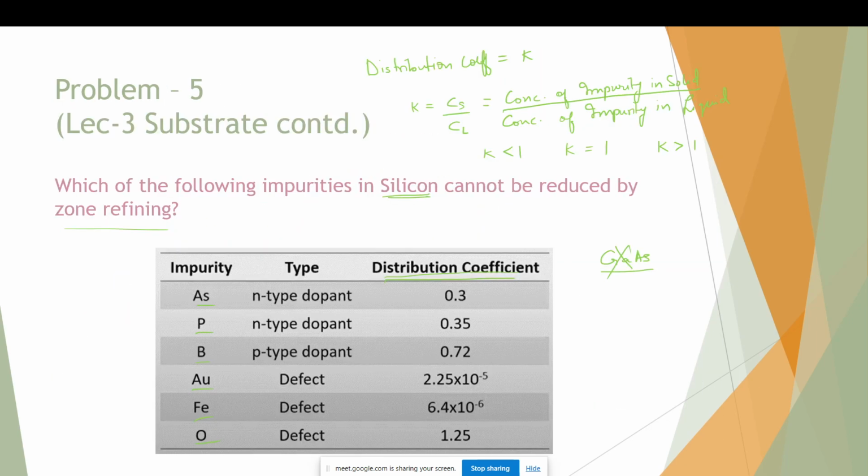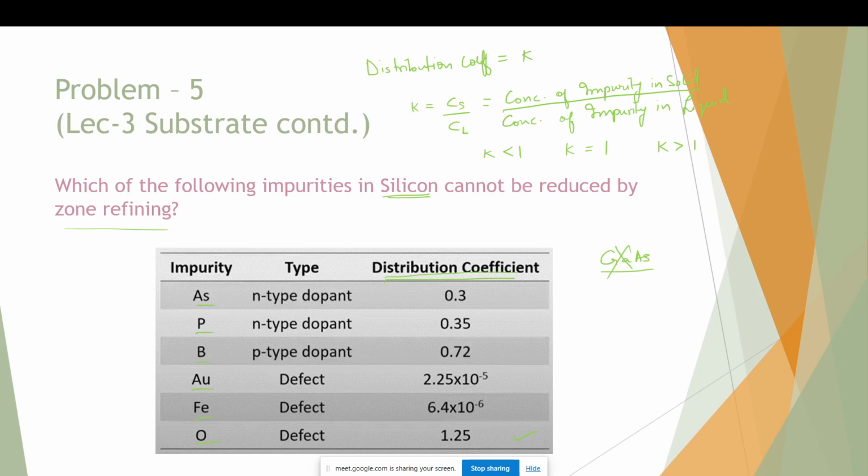So similarly, now can you answer this question? Oxygen. Yeah, you're right. So it's very, very difficult to remove oxygen using the zone refining technique. Because the more you do zone refining, the more oxygen will get concentrated in your ingot.